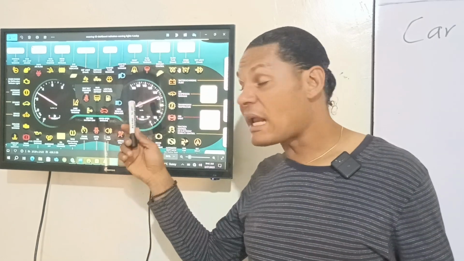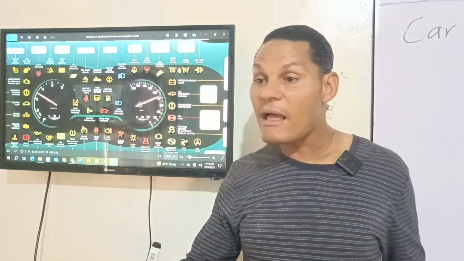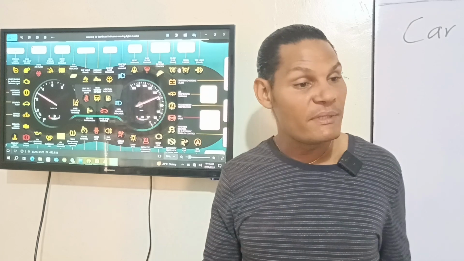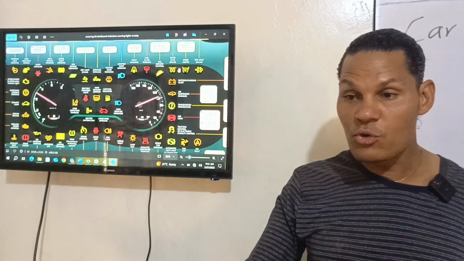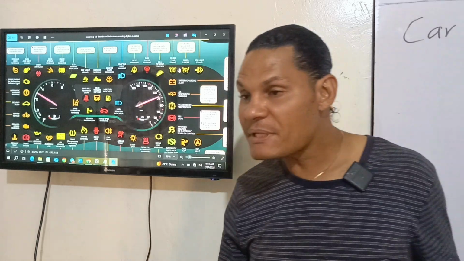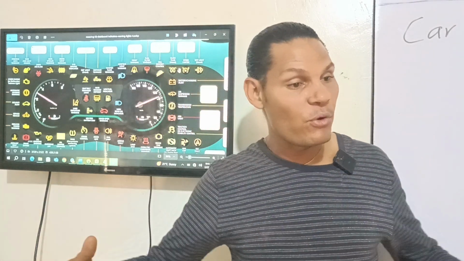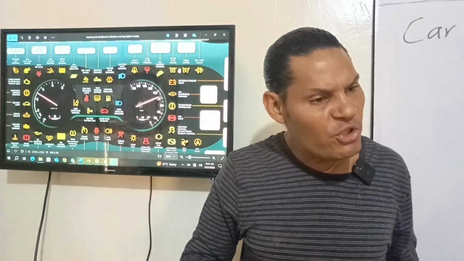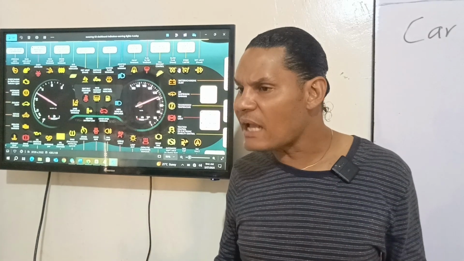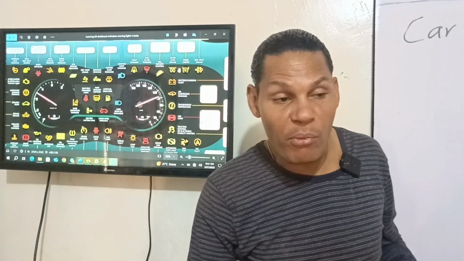And one thing that is bad about driving with a car whose tank is almost empty is that fuel has dirt and residues in it that settle at the bottom of your fuel tank. When you drive a car with an almost empty tank, it takes out the dirt at the bottom of the tank and sends it into the system.